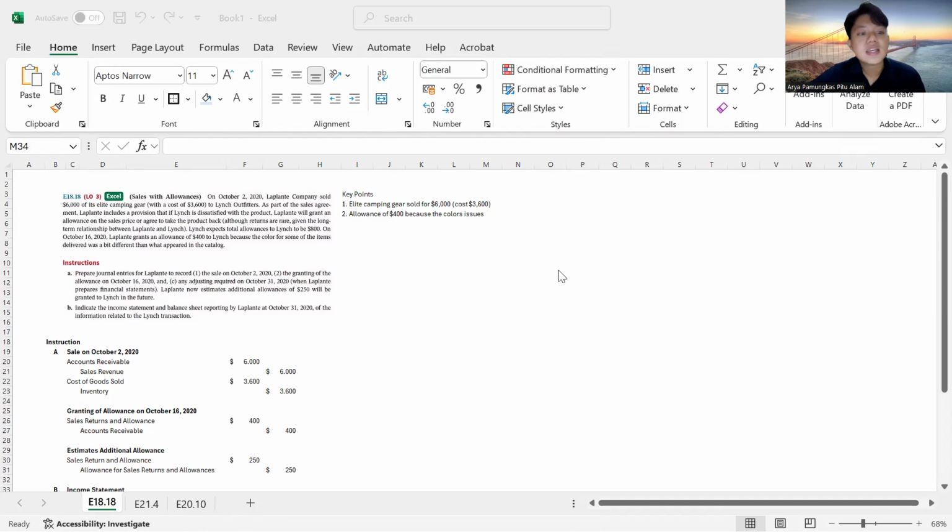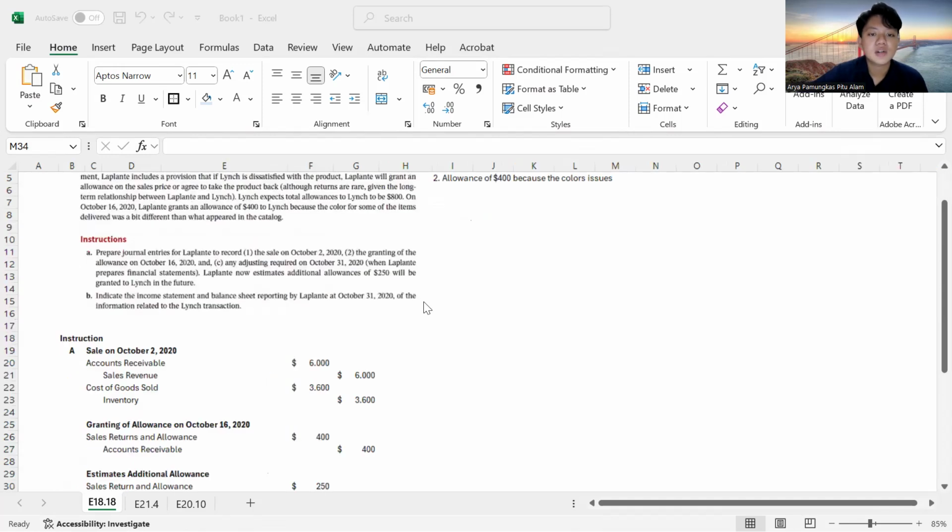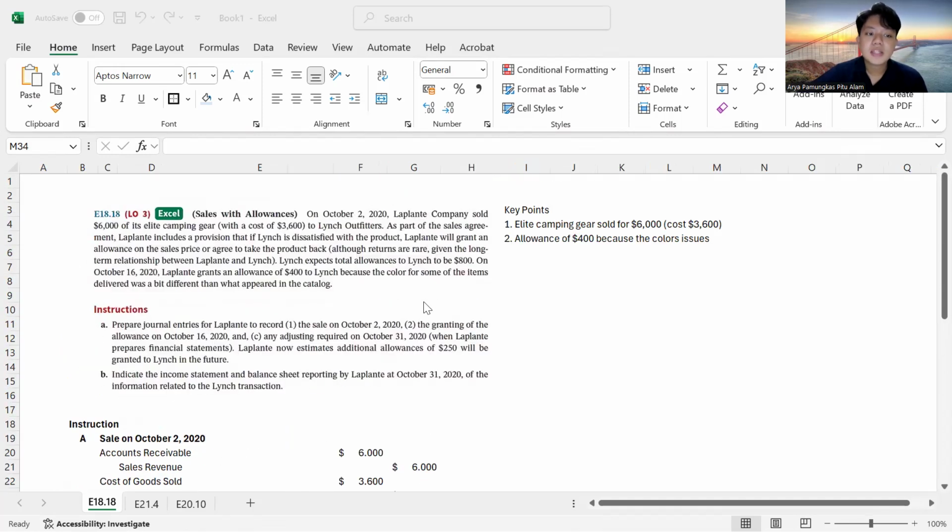The question is: on October 2, 2020, La Plante Company sold $6,000 of its elite camping gear, with a cost of $3,600, to Lynch Outfitters as part of the sales agreement. La Plante includes a provision that if Lynch is dissatisfied with the product, La Plante will grant an allowance on the sales price or agree to take the product back.